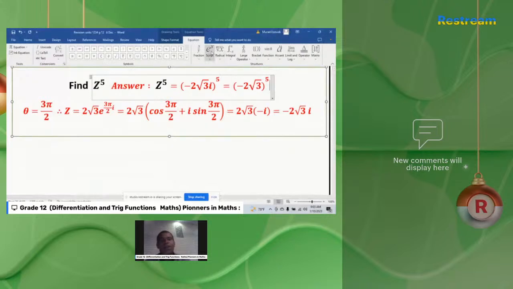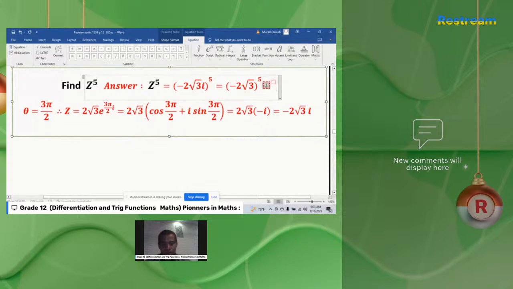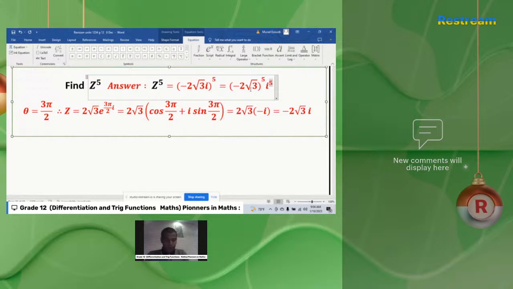I will erase I to the power 5. I to the power 5. Okay, I to the power 5, it's clear that first of all, this one I can calculate, minus, we told between parentheses minus 2 root 3 all squared.